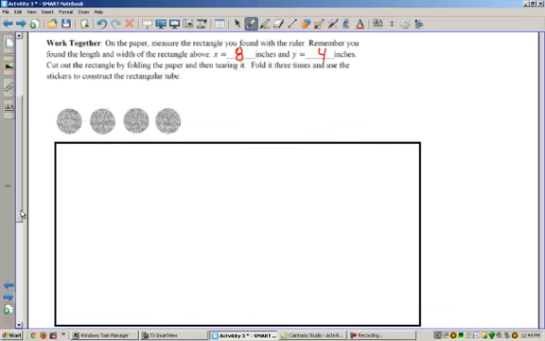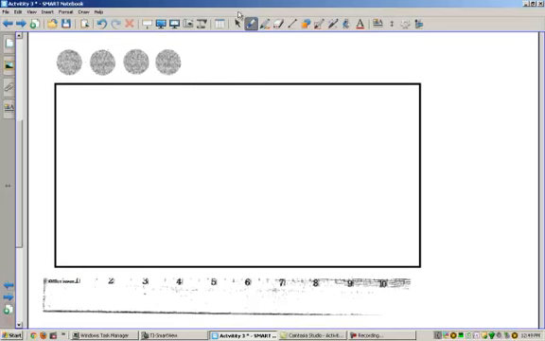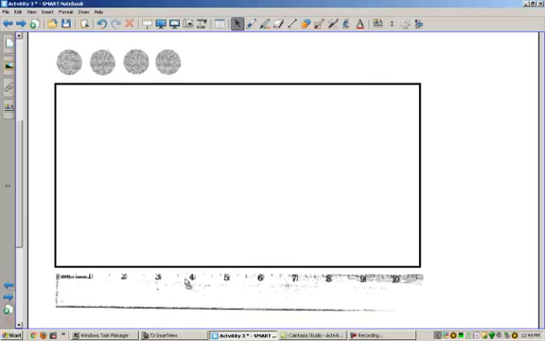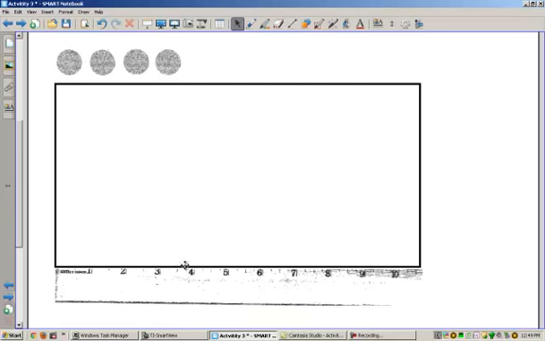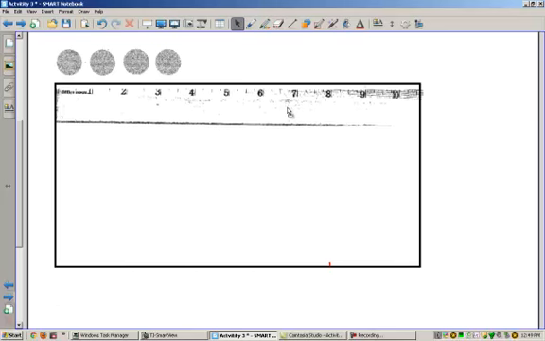So what I want to do with my piece of paper is take my ruler and measure off horizontally 8 inches. And then vertically, I want to take off 4 inches. Probably what I would do is measure off 8 inches up here.